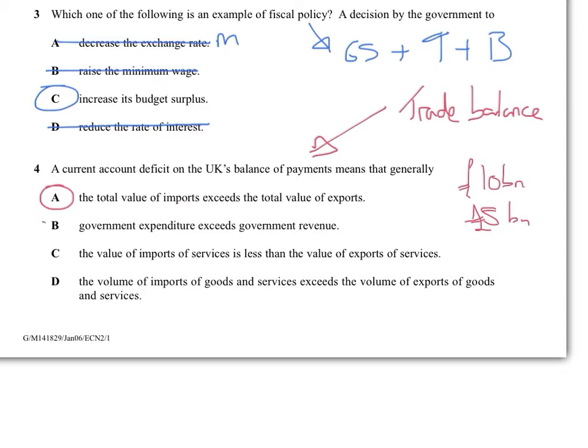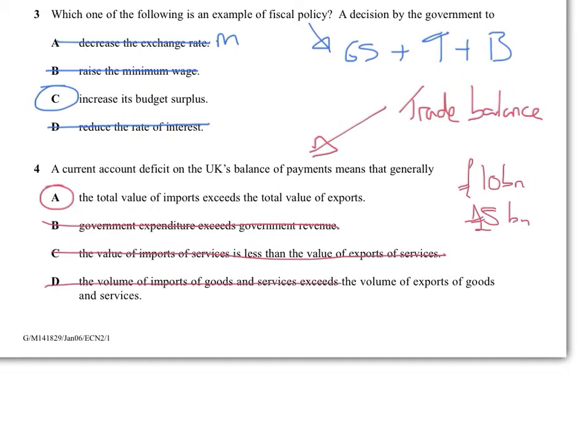B is there for people who were stupid enough to think this question was about, I don't even know what it is. Lost my words. What is it? It is a government budget deficit. So that's just there for those people. C, the value of imports of services, that's just talking about one part of it, so that's pointless. And then the volume. Now they put this here just to try and check whether anyone is going to think about volume.